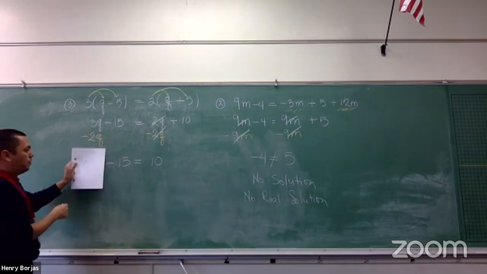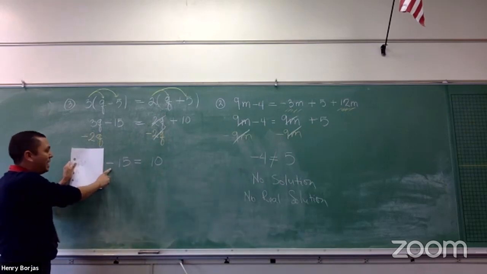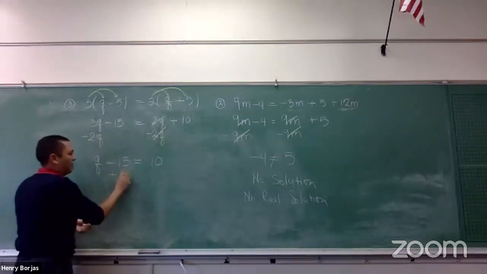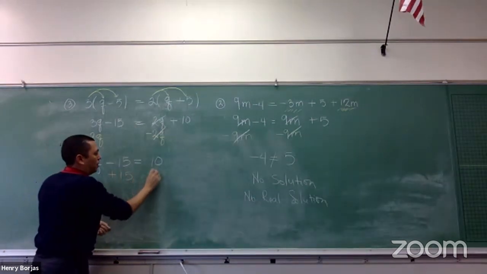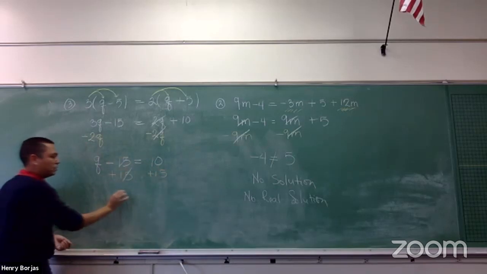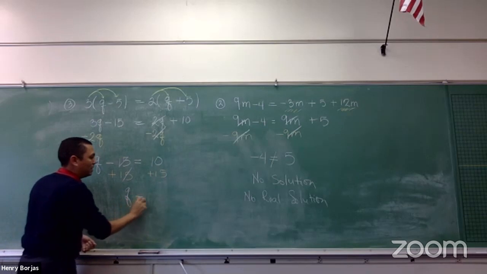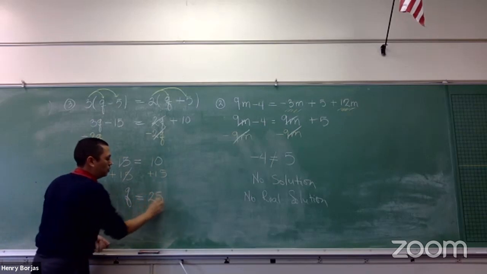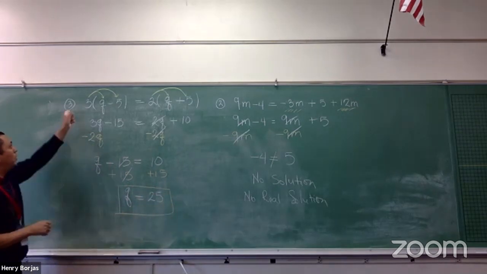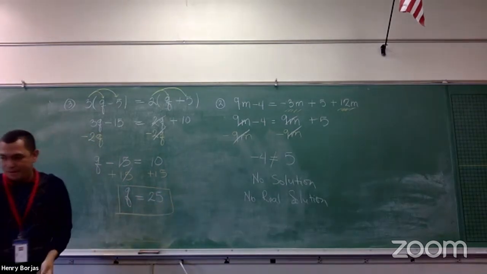Cover your variable, you have minus 15, so I use the opposite number, plus 15, plus 15. 15 goes away on the left side, so you have that q is equal to 25. That's your solution for equation number 3.